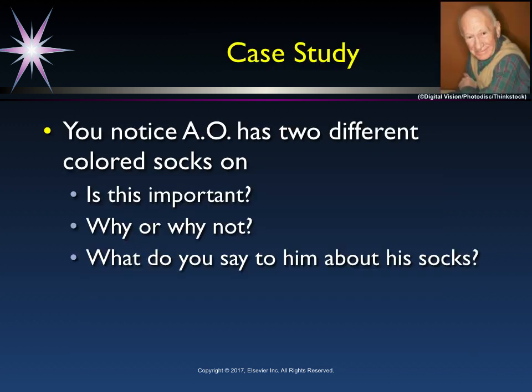So you notice that AO has 2 different colored socks on. Is this important? Why or why not? And what do you say to him about his socks? So it could indicate color blindness, which may complicate driving if the patient's vision or function declines with illness or age. It may influence self-concept if they're unable to compensate in other ways, so that, for instance, they wear the same color socks.